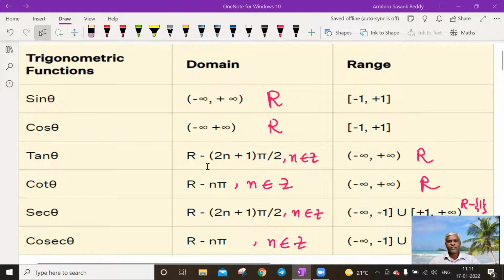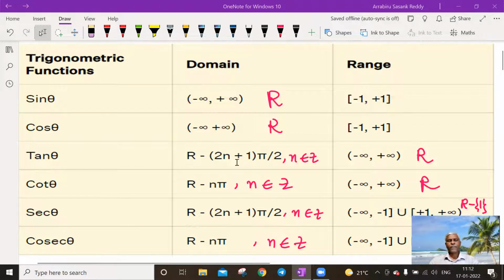For tan, the domain is R minus (2n plus 1) pi by 2. R is the set of real numbers, excluding (2n plus 1) pi by 2, where n is an integer. So tan 90 is not determined. For 90 degrees, tan is not defined.